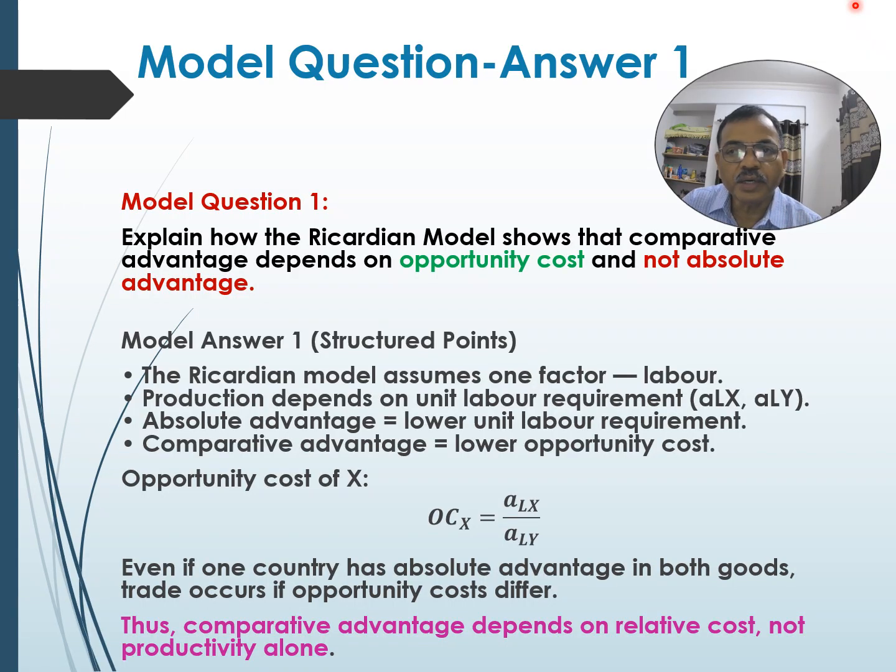However, comparative advantage depends on opportunity cost, which is measured by the ratio of unit labor requirements. A country has comparative advantage in the good for which this ratio is lower.